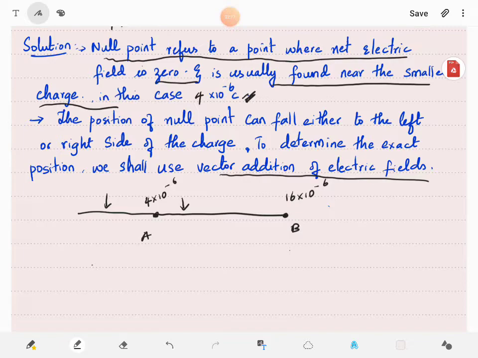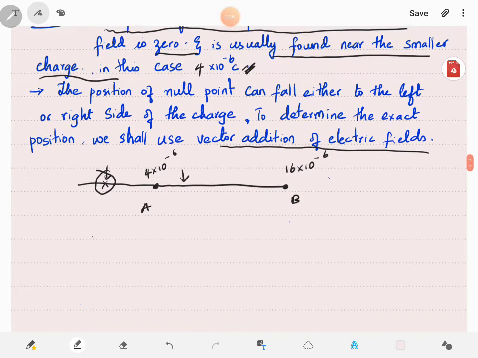If at all the electric fields add up, then we know for sure that E net can never be equal to 0. Now let us consider one such particular position. I will choose it to the left hand side first.